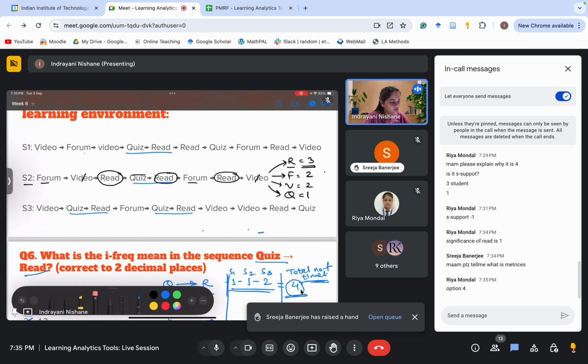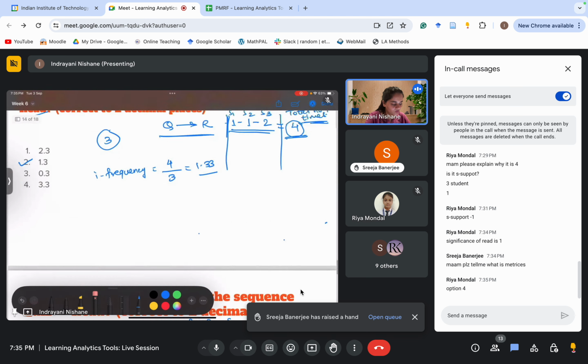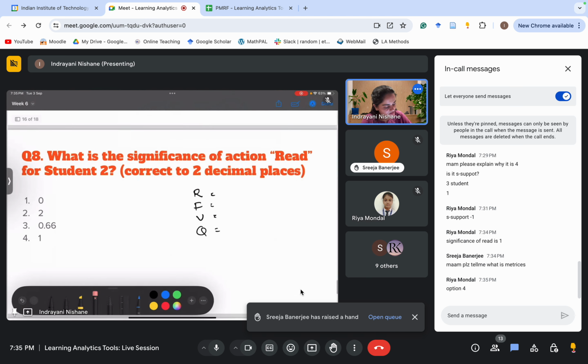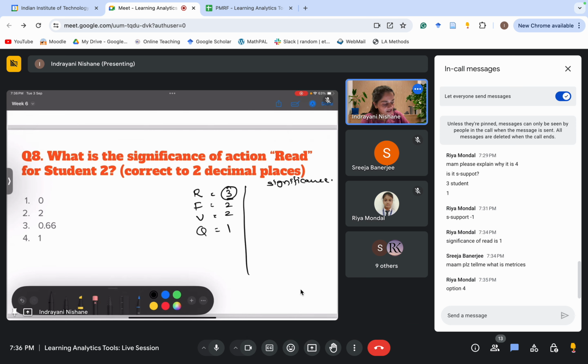So let us mention here 3 times, twice, and once. For the significance calculation, we will consider this number 3 because it is the most frequent action.